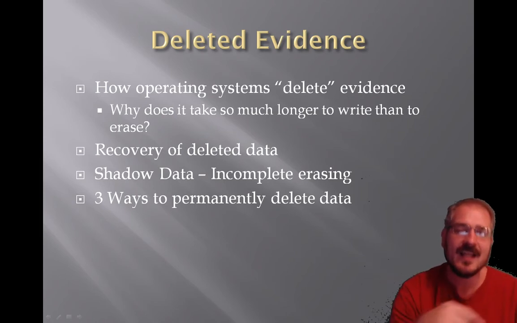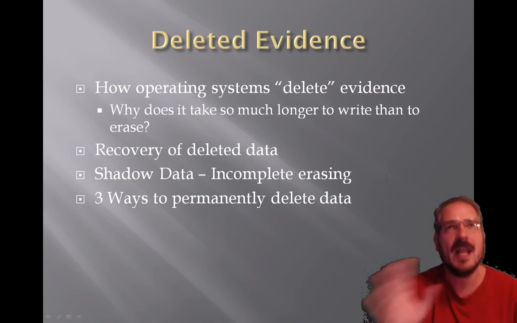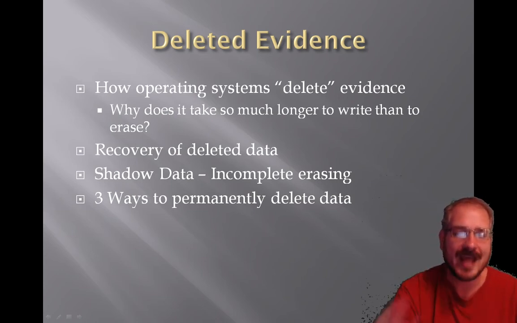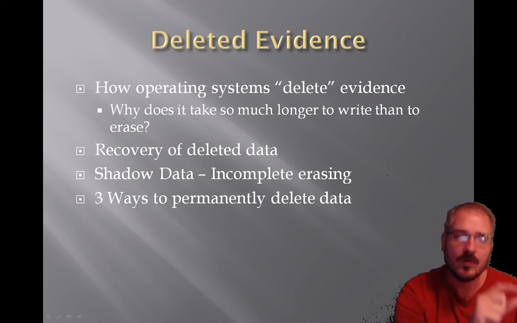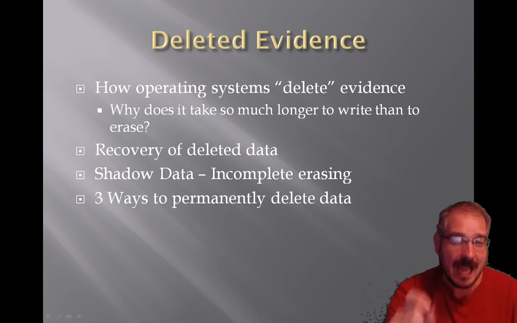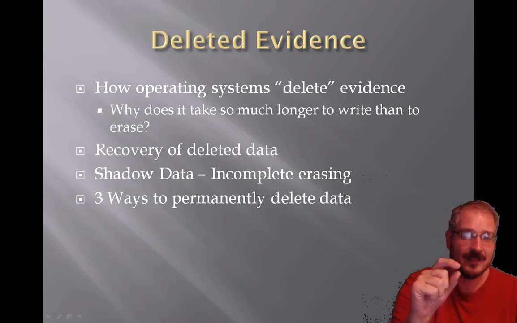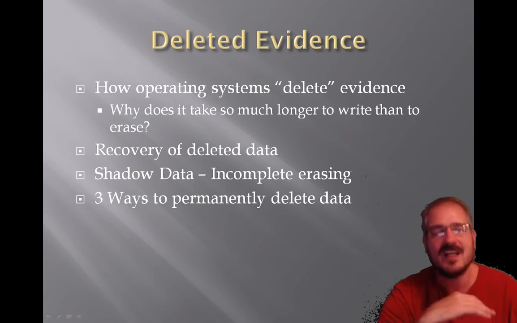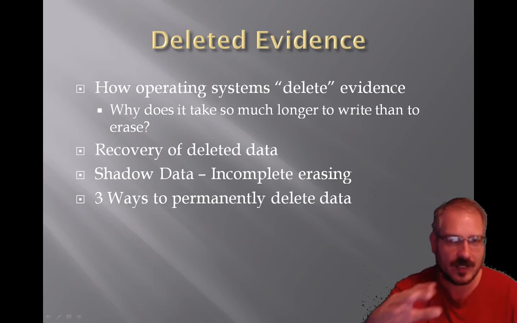But there is occasionally, very occasionally, a thing called shadow data, where they erased the old data and overwrote the old data, but they left just enough of the original data behind to be able to go in and find it. But that is an incredibly difficult thing to do.